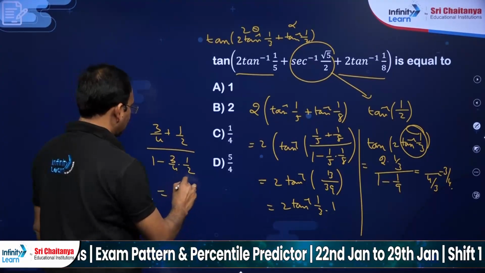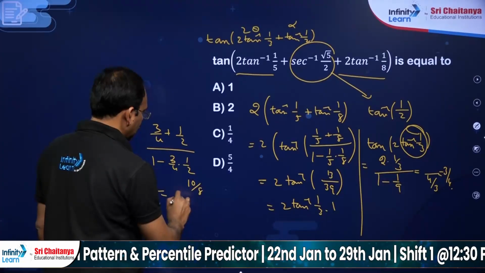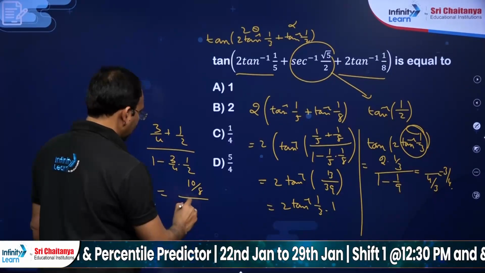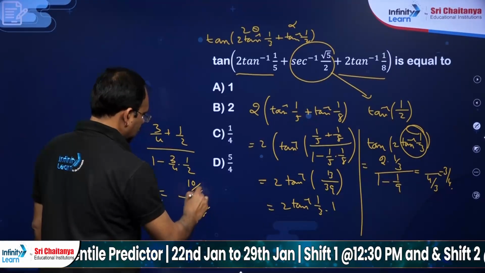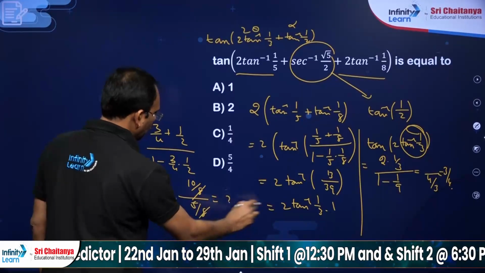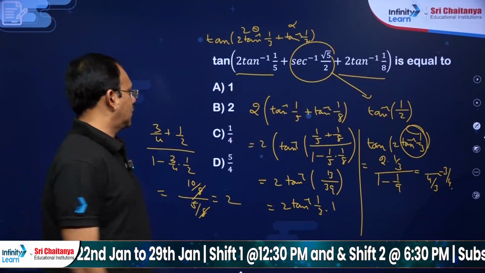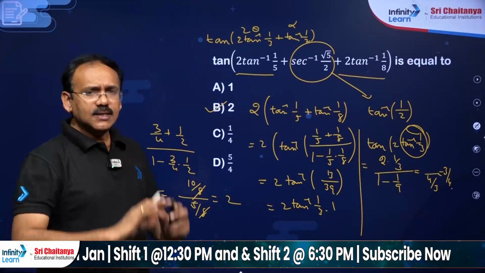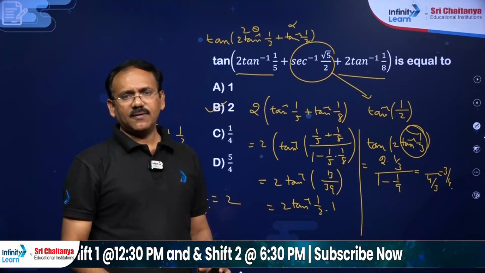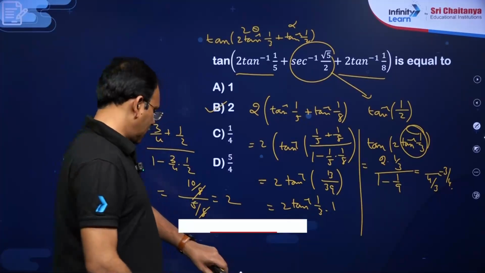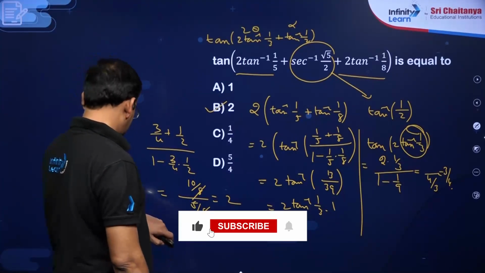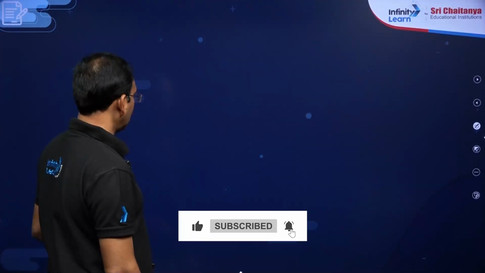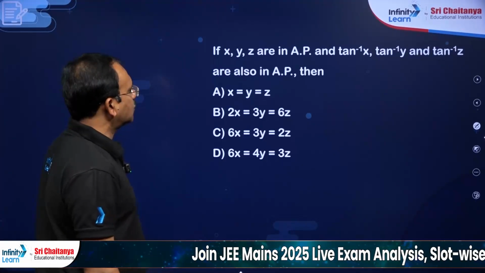This is (6 plus 4) 10 by 8, and below this is (8 minus 3) 5 by 8, which you will get as 2, my dear friends. 2 is the answer. So, this is all simplification, applying the basic formula, simplification related questions only, my dear friends. You can comfortably do the problems related to this.